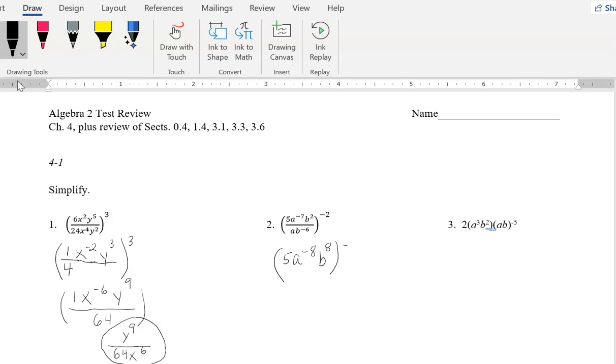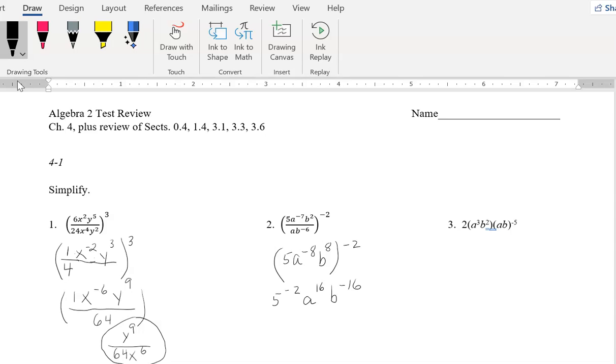And everything still needs to be raised to the negative 2. So 5 is raised to the negative 2. When I raise a power to another power, there's that rule again, you multiply those powers together. So that makes a to the 16th. And this makes b to the negative 16th. So the negative exponents need to be changed.